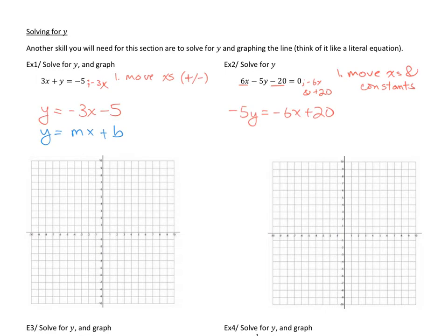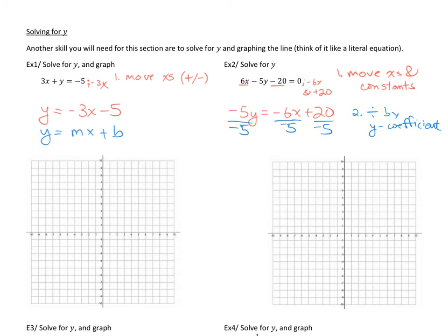So you'll end up with an equation that looks like this. The second step then is to divide by the y coefficient. So when you're dividing by the y coefficient, that is this number, and I'm going to write this step all the way out. So divide by negative 5, divide by negative 5, divide by negative 5.